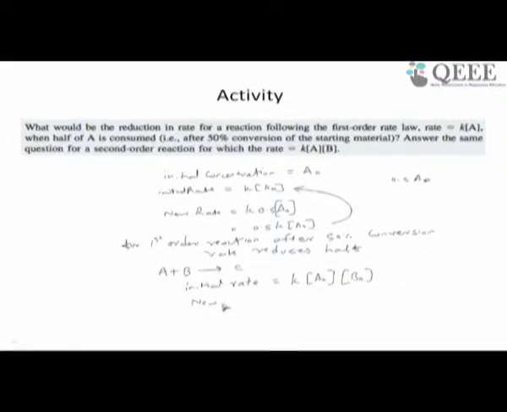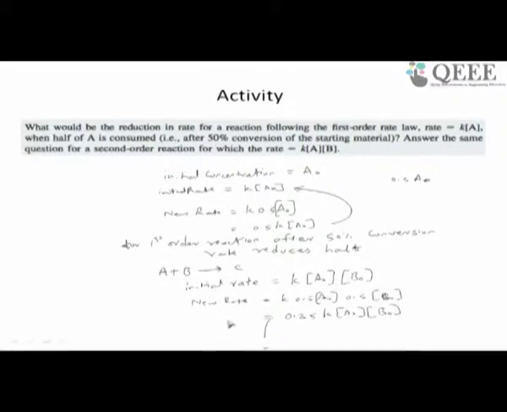After 50% is consumed, the new rate will be k times 0.5 A0 into 0.5 B0. So if you just rearrange, then you will find that it is 0.25 k into A0 and B0.